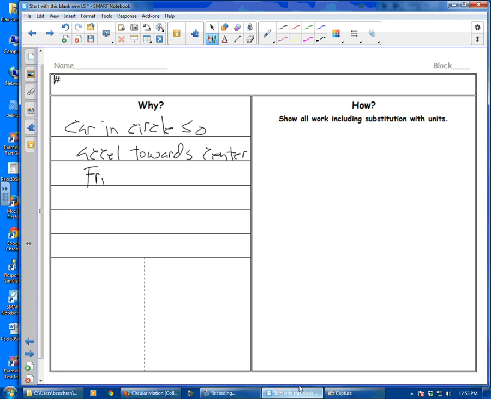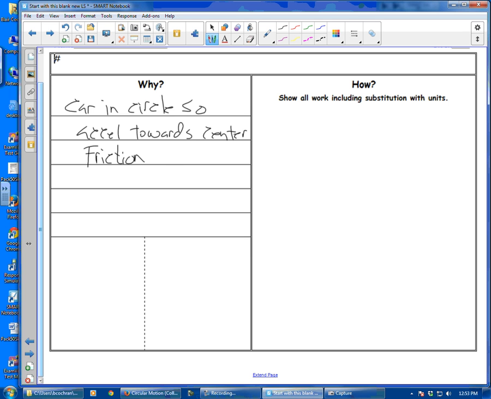Friction points towards the center and causes acceleration.